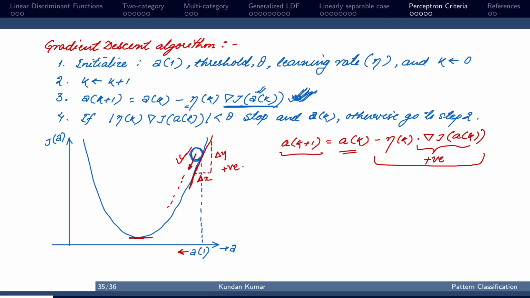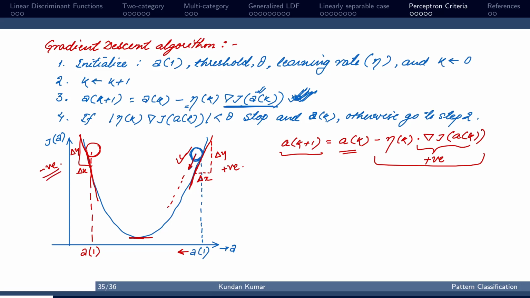But if our initial weight choice is somewhere here, then again we will compute the gradient. At this point, our gradient is del y by del x, and at this time the gradient will come out negative.